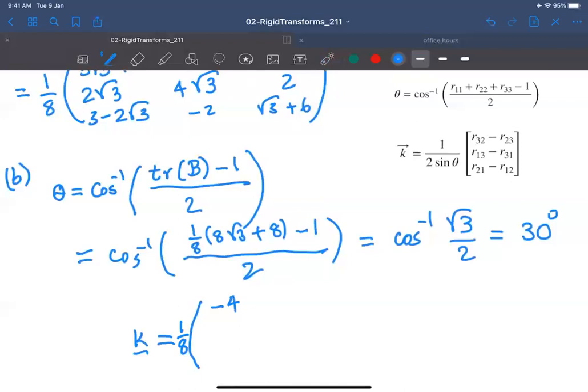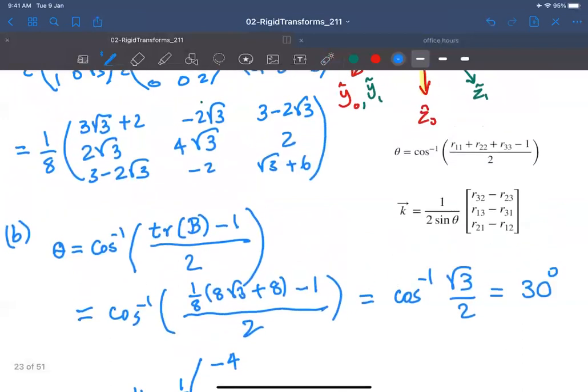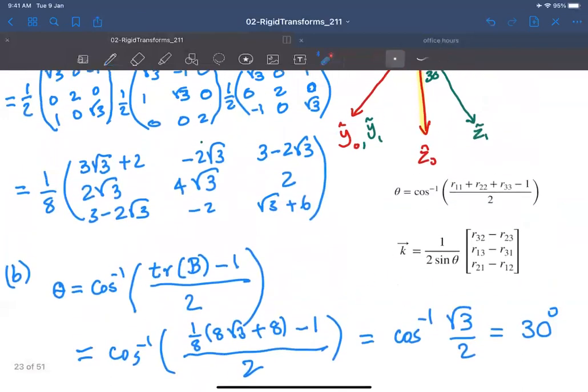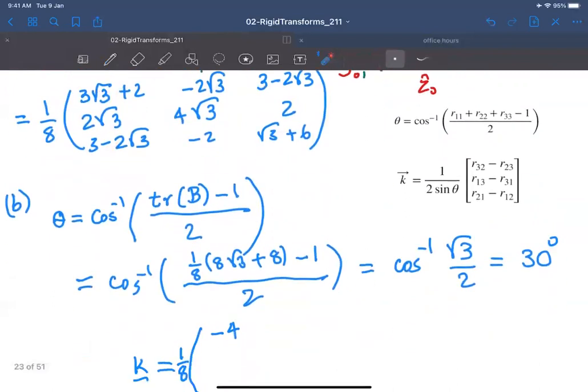And then for the second dimension, it's R13 minus R31. This one minus this one. So I have this minus this is going to be a 0. So it's a 0.